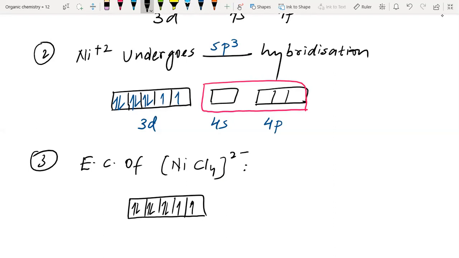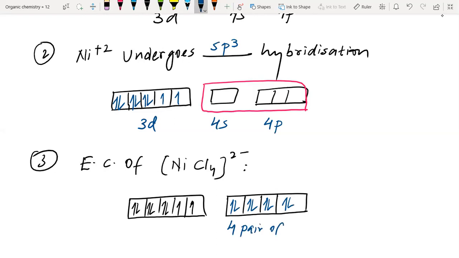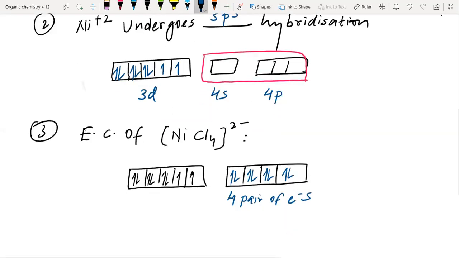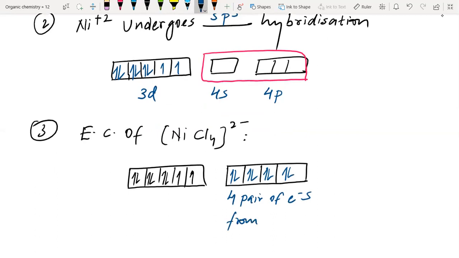But next, the orbitals we have here are the sp3 hybrid orbitals. Eight electrons, that we can say are 4 pairs of electrons from 4 chloride ions.